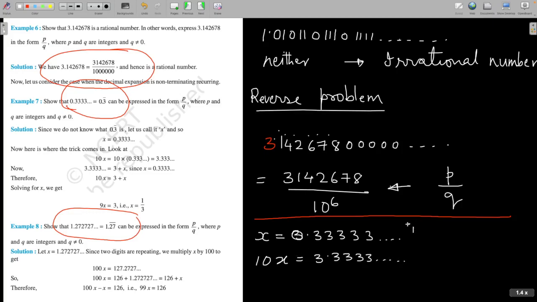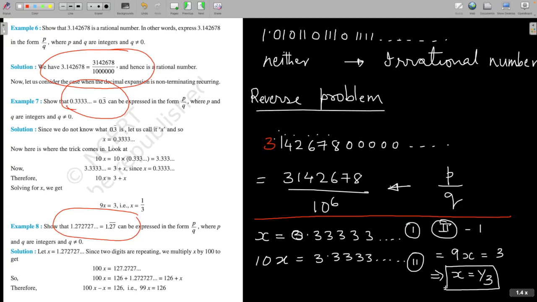I'll call this 1 and call this 2, and 2 minus 1 gives me 9x is equal to 3, and this gives me x is equal to 1 by 3, which is what I've been trying to do, trying to make this a fraction.